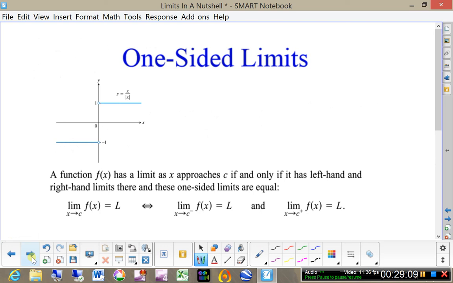Now we're going to very briefly define what we call one-sided limits. You've already got a taste of this when we looked at a function that had a discontinuity. Well, we have another function here. It's a step function.